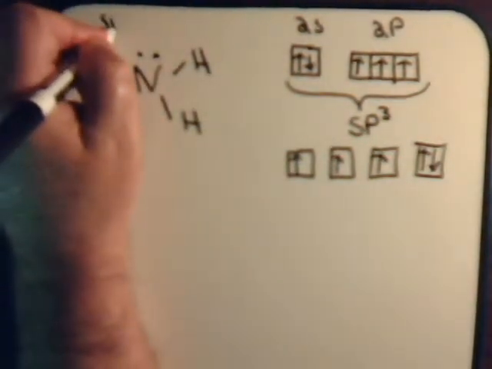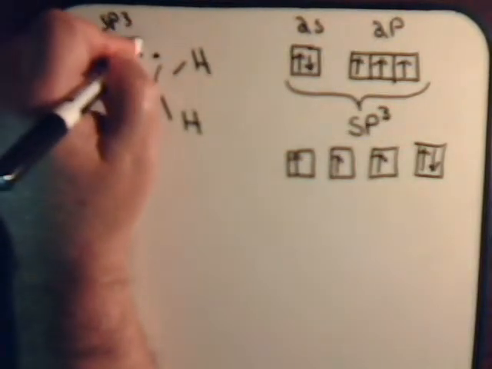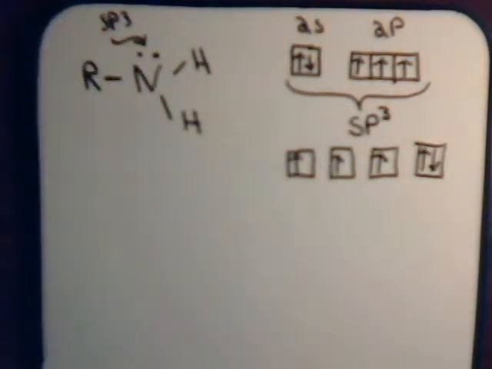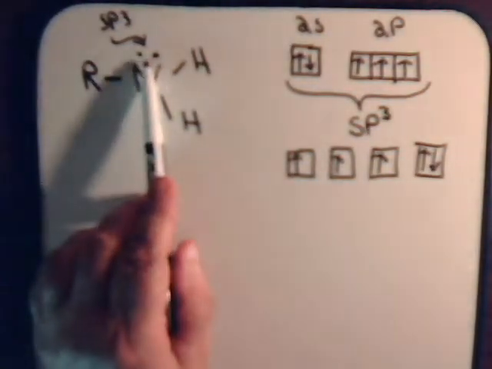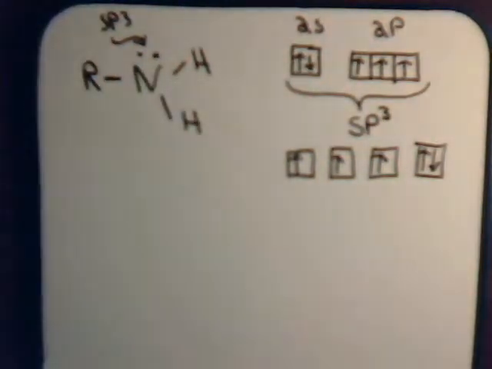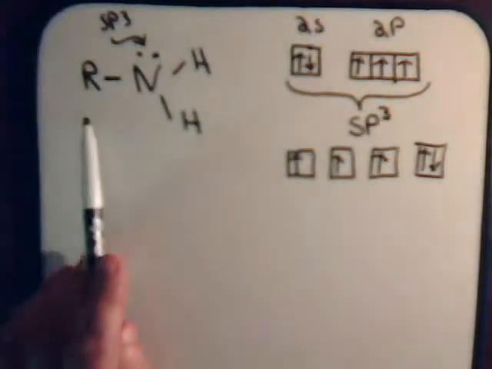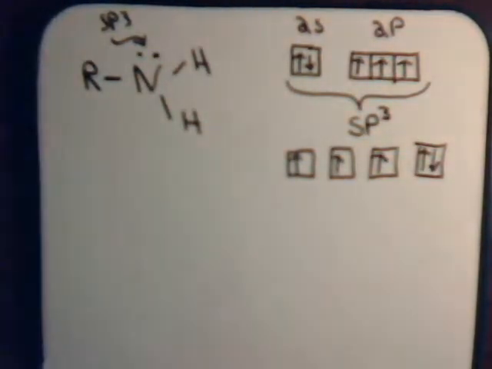And again, those are sp3 electrons. So that's the basic structure of an amine, and having these lone electron pair available means that it can hook up to a proton, so amines are fairly basic by nature.